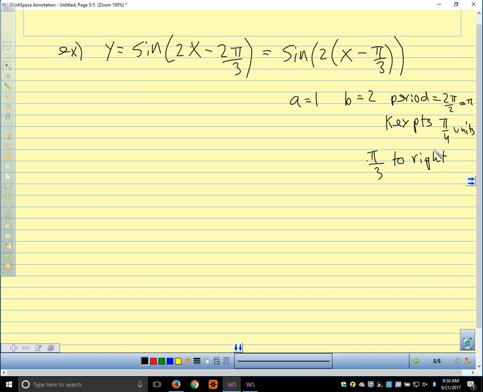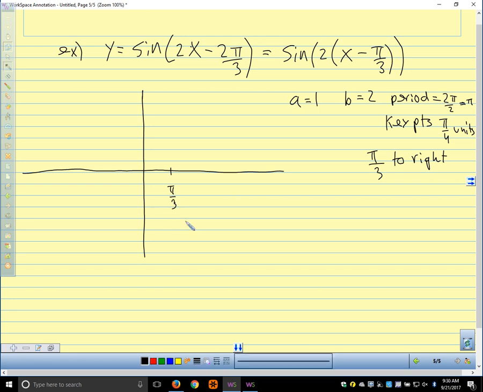So this one, I can't just label my x-axis in terms of pi over 4 because my shift is pi over 3. So what I have to do is start my graph at pi over 3 and label my axis pi over 4 units from where I start. So we have to work with these denominators. So I'm going to start my graph here at pi over 3.